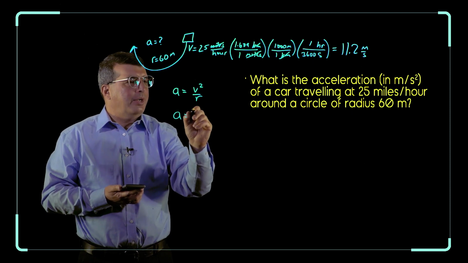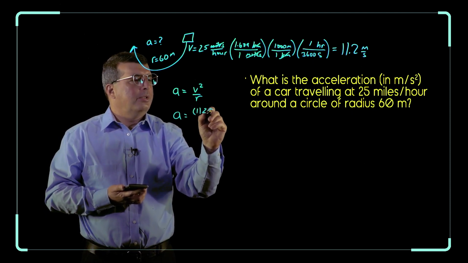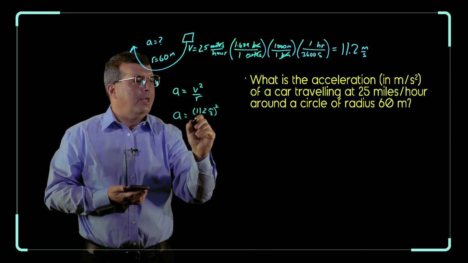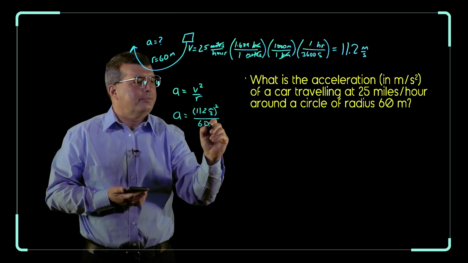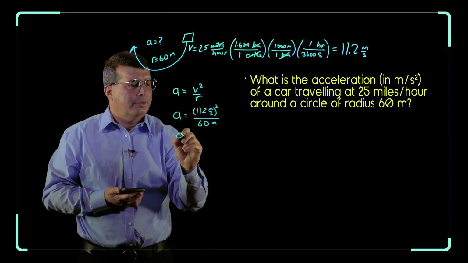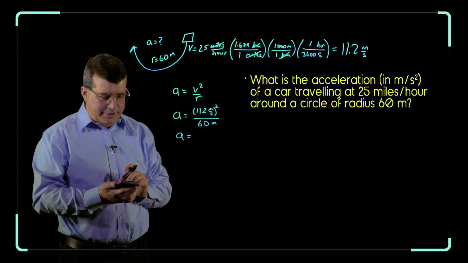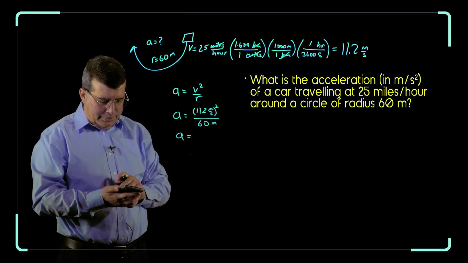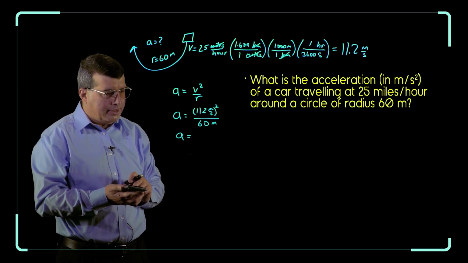Acceleration, speed squared, that would be 11.2 meters per second squared over 60 meters. So the acceleration in this case is 11.2 squared divided by 60.